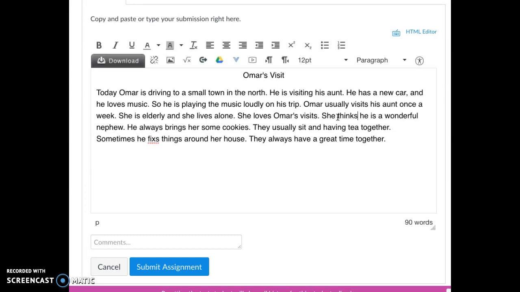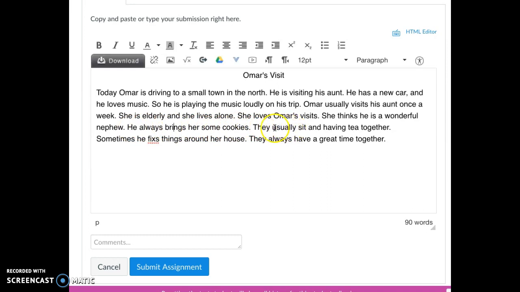He always brings. So here's my habit word, right? Always is not a verb, it's an adverb. So don't be concerned about that S. It's just part of the spelling of the adverb. He always brings. This is the S we need to match he. Okay. He always brings her some cookies.